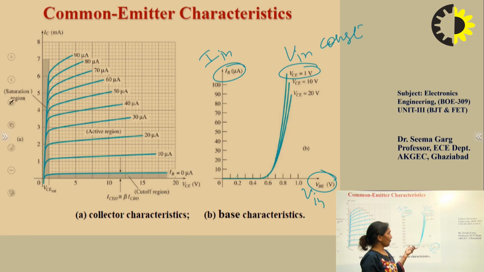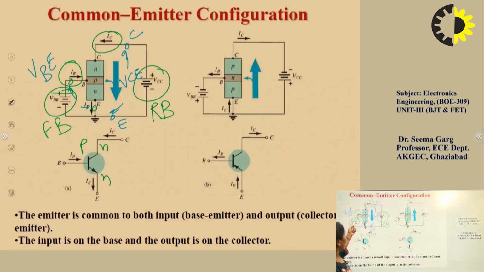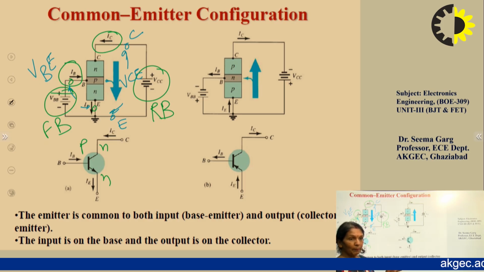As we know, in the input characteristics, if we are not connecting this output battery, or you can say VCC has not been connected between the collector and emitter terminals, and only VBB is connected, then this is equivalent to the normal PN junction diode.